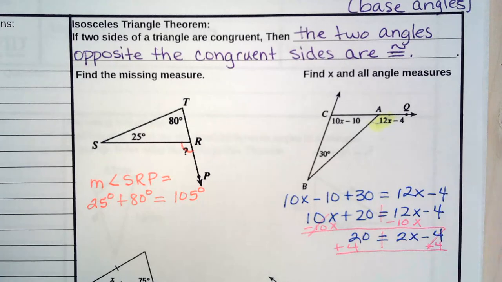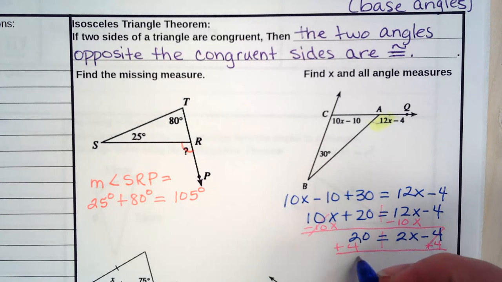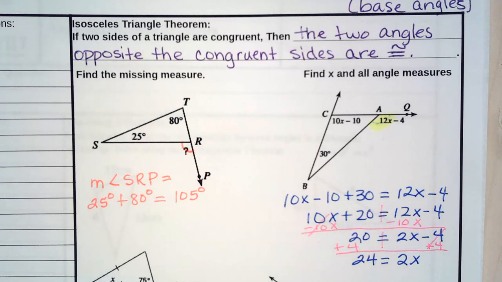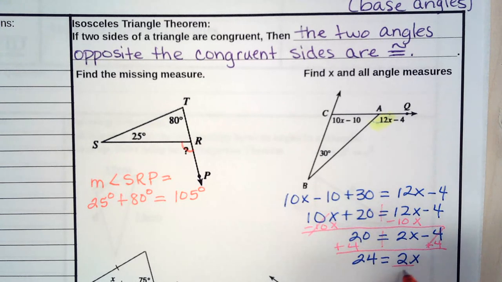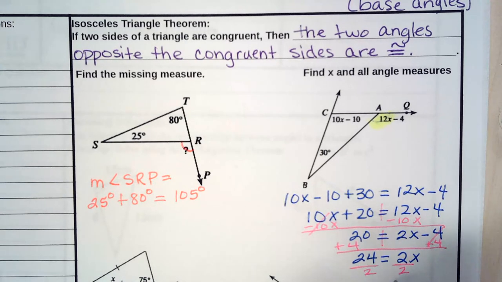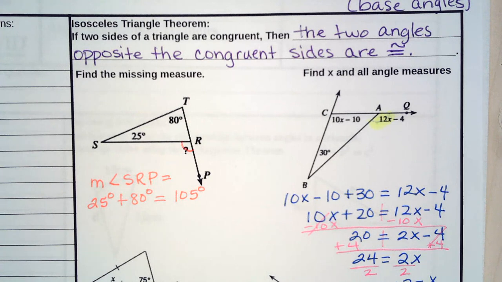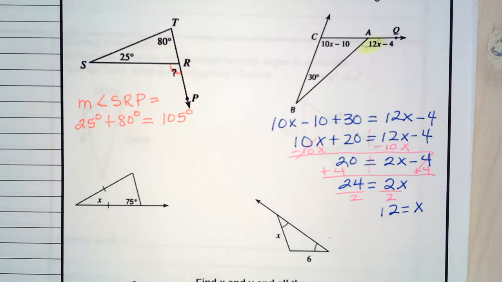Cancels out here. 20 plus 4 is 24, is equal to 2x. Divide by 2. And 12 is equal to x. Okay. Now that I know what x is equal to, I can now solve the rest.